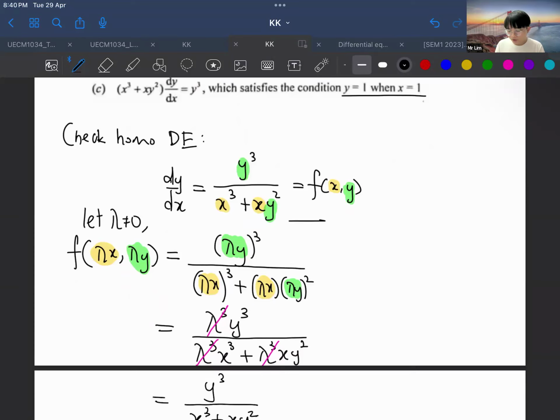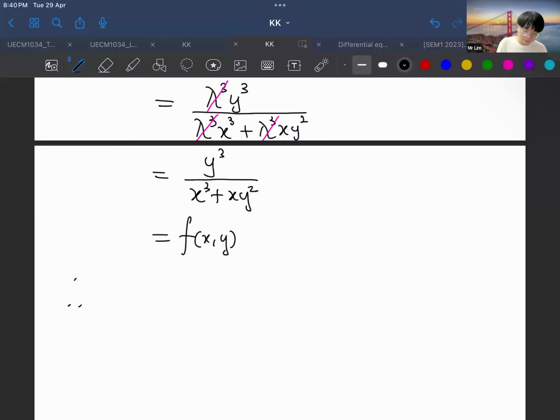Whatever lah. Let me just call this equation 1, my differential equation. So therefore, the differential equation number 1, or the original one, actually you better refer to the original one.